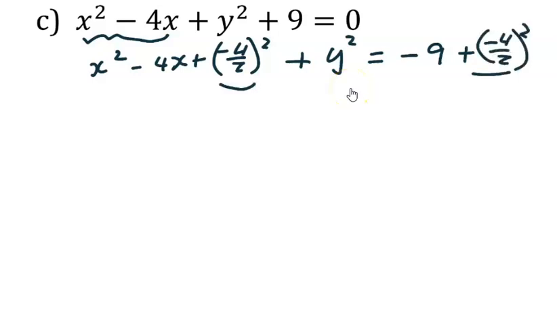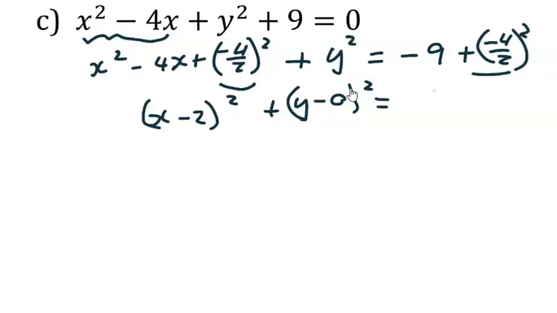I've just added this term on both sides, so I will have here (x − 2)² + (y − 0)², but on the right hand side I get −9 + 4, and that is equal to −5, and that is less than 0, so it's most definitely not a circle because the radius squared should always be positive.